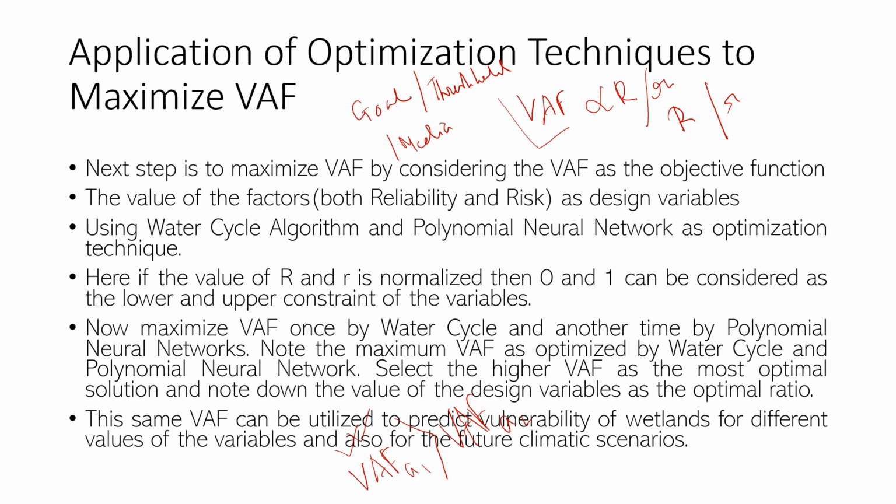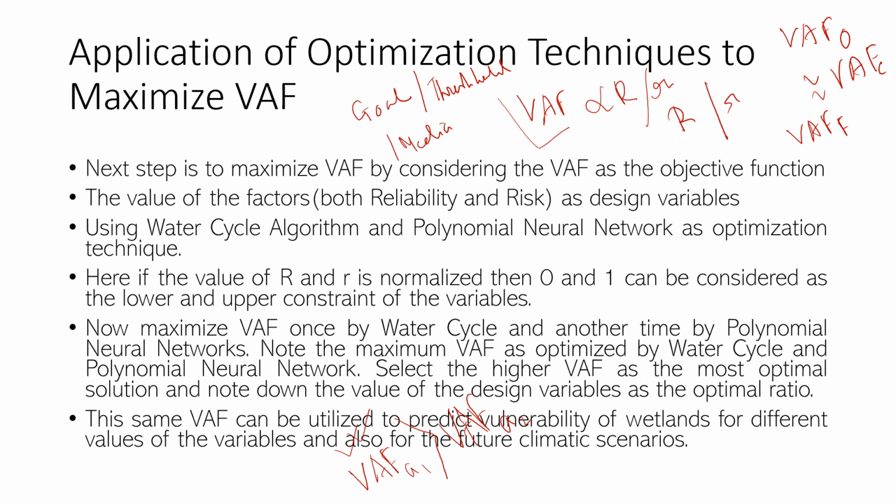So whenever you are comparing this optimal VAF with the current VAF or future VAF, what you are doing is you are actually getting the level of vulnerability this wetland is in.